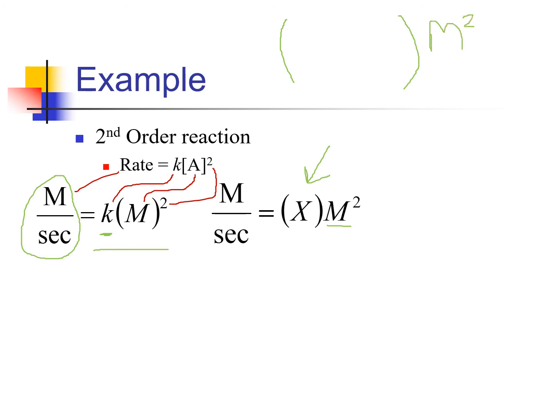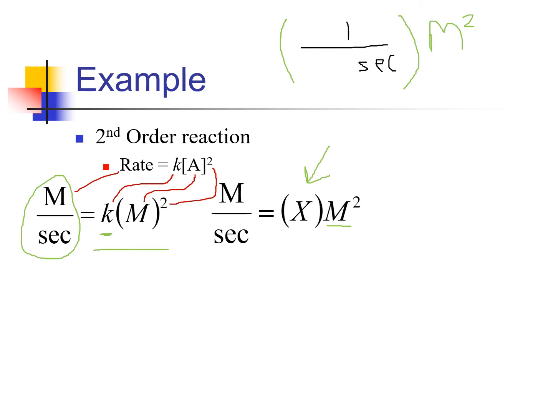Again, drawing with the mouse, I apologize. Looking at it, I see that there's no seconds on the right, and I need seconds on the bottom because rate is molarity per second. So at the very least, there's going to be seconds down on the bottom.